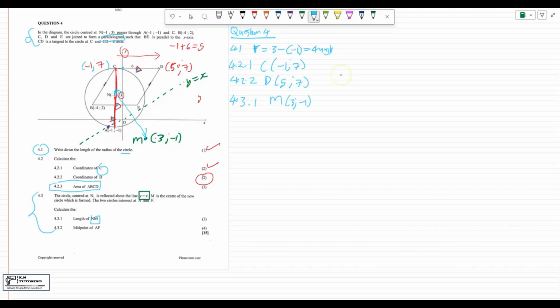For now, I want us to calculate NM. So we found that M is (3, -1). Those are the coordinates. And then distance formula, because this is a straight line.